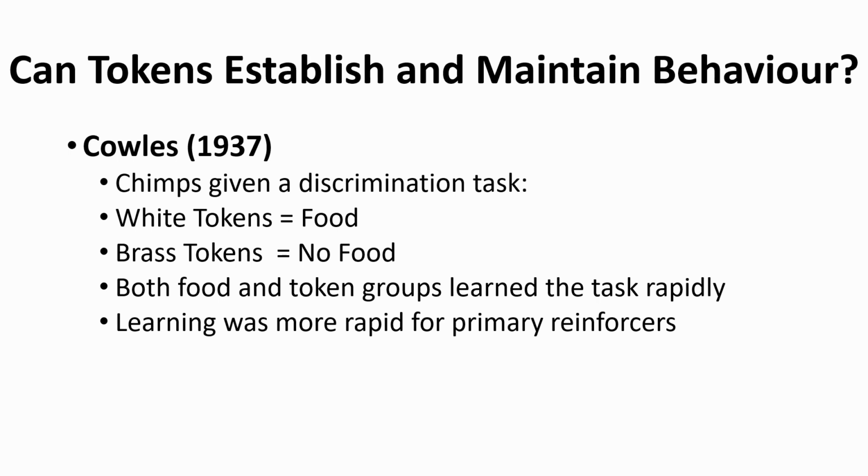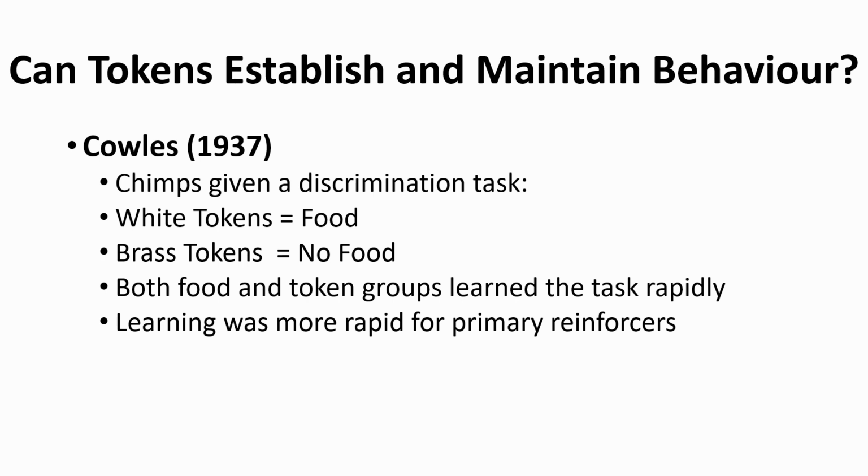Now, we've already mentioned a couple of reasons why it might be a good idea to use something like a token, though at the time we weren't calling them tokens, we were calling them conditioned reinforcers. Something like a clicker, or giving someone praise whenever they do the right thing, where you're letting them know that they've done the right task and that they will be receiving reinforcement later on.